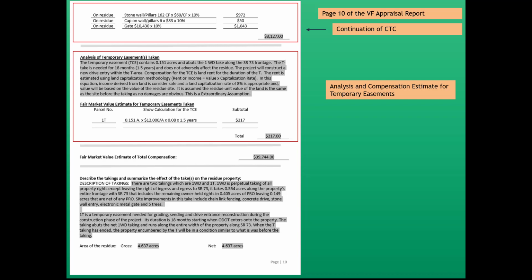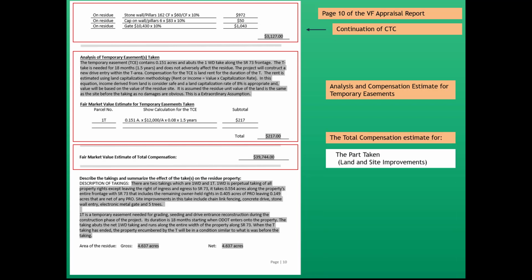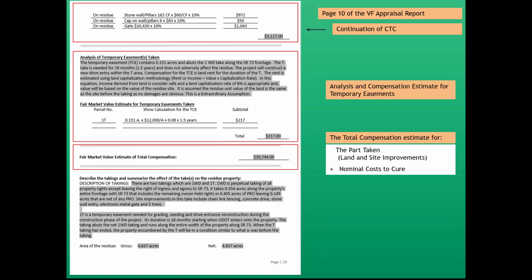So we multiply that by 1.5, which gives us an estimated compensation for the temporary construction easement of $217. What follows next is the total compensation estimate, which is $39,744. That compensation estimate includes part taken, land and site improvements, nominal cost to cure, and temporary easements.